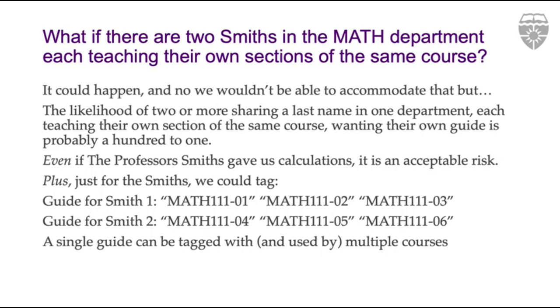It gets a little wonky. You kind of have to know what sections each Smith teaches, because you can take it by section. Typically, you don't want to take it by section because semester after semester, sections change, so you kind of want to stick with either the course or the instructor because those don't really change too often. But you can do it by section.